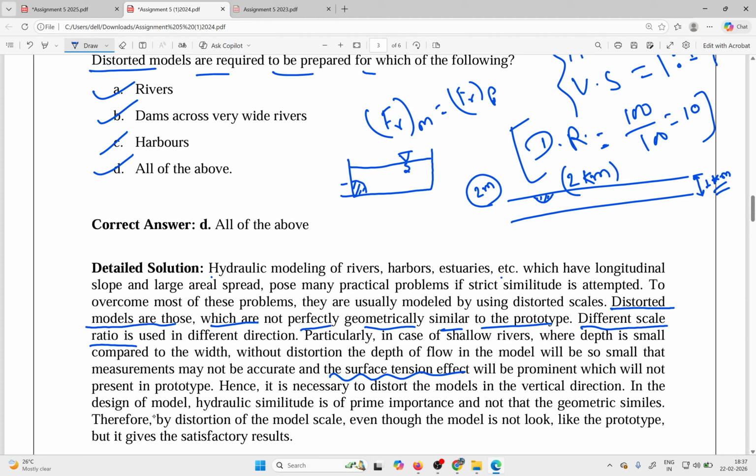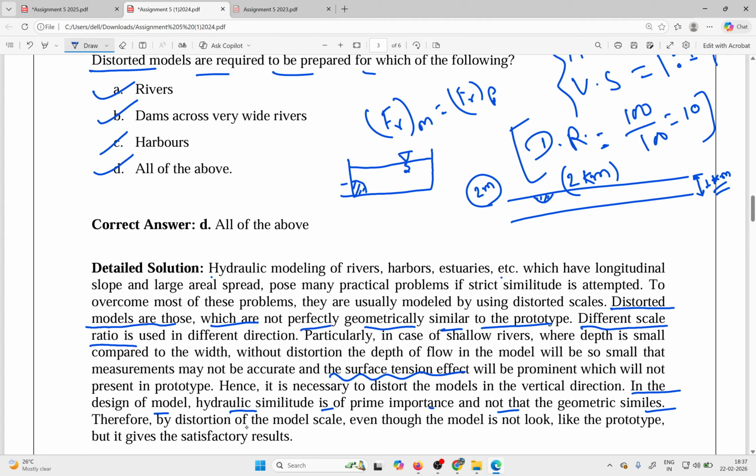In the design of a model, hydraulic similitude is of prime importance, and not the geometric similitude.